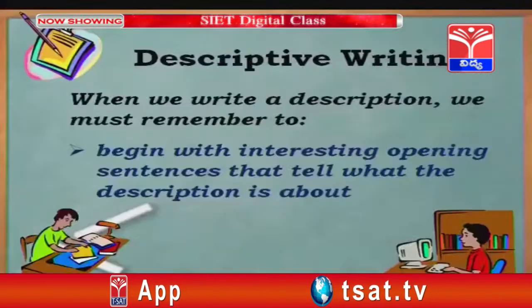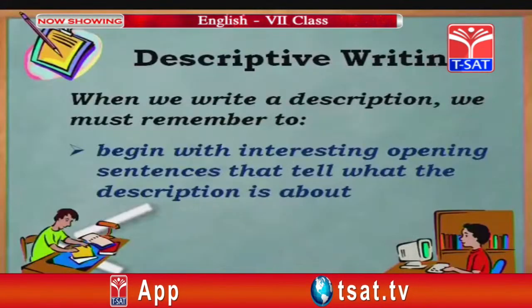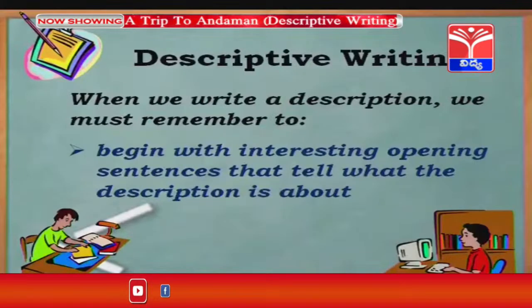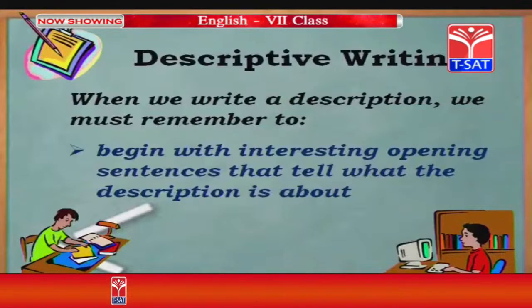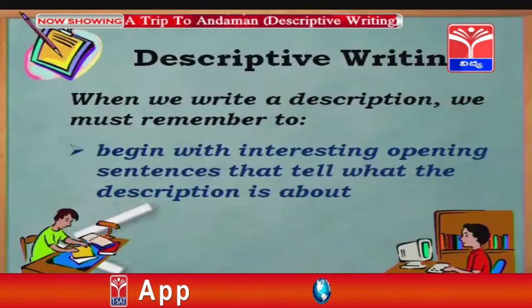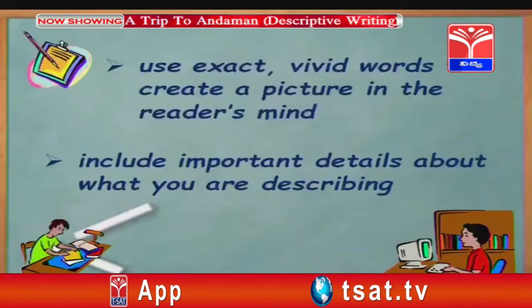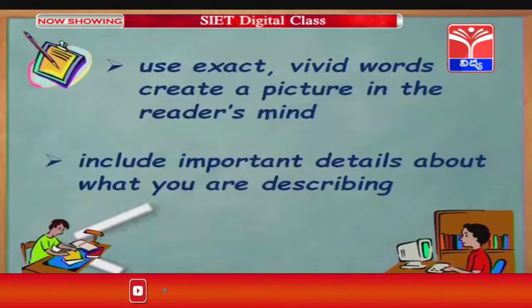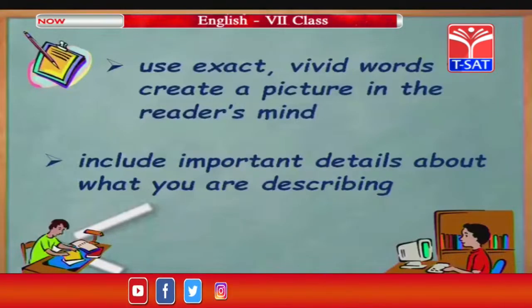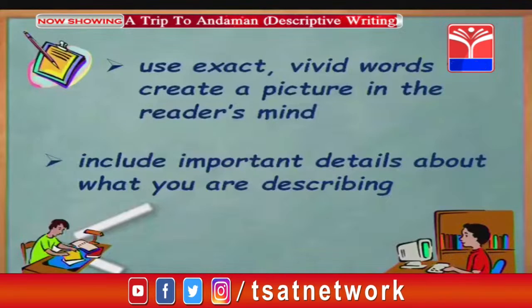Now, let us see some more details about it. When we write a description, we must remember these points. Begin with interesting opening sentences that tell what the description is about, and use exact, vivid words to create a picture in the reader's mind. Include important details about what you are describing.